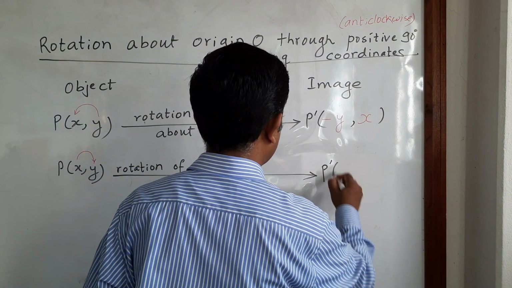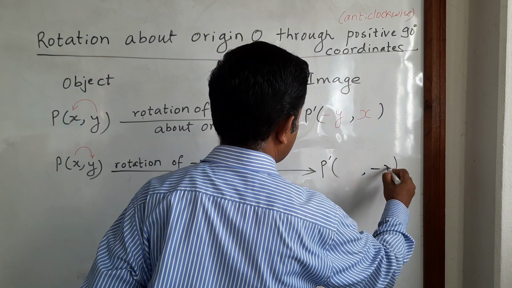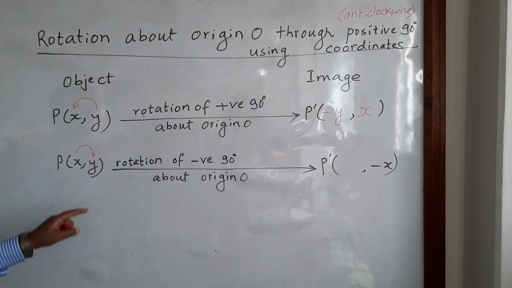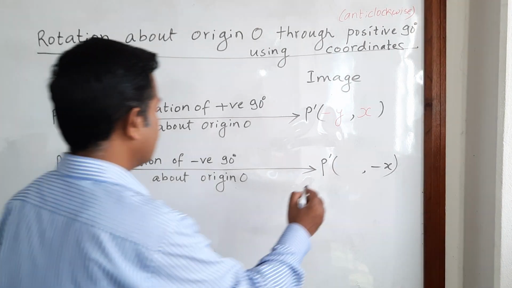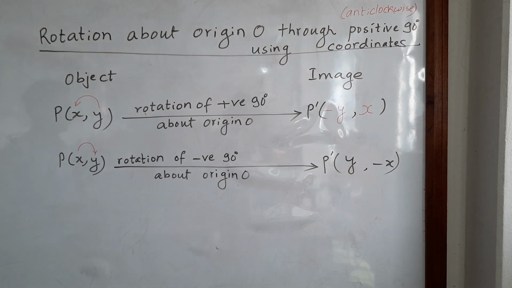So here in y's place x goes, but its sign is negative, so minus x, and y just shifts to x's place, getting positive, so y is positive.